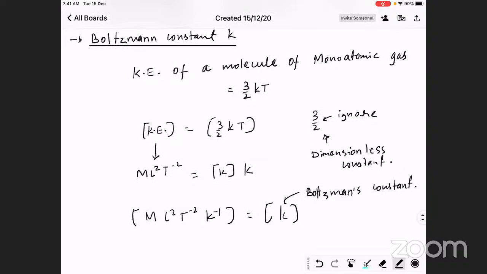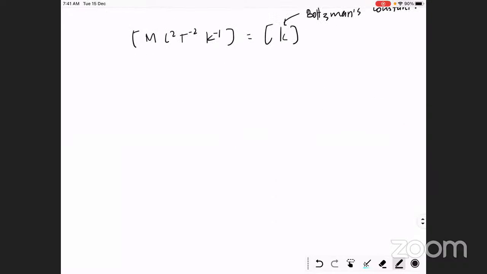Copied? Keep writing very fast. Now write Stefan's constant, sigma.